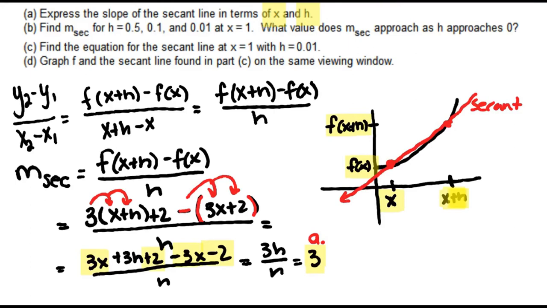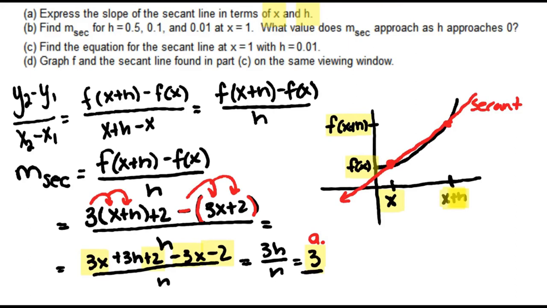In part B, we're asked to find the slope of the secant line for h equal 0.5, 0.1, 0.01 at x equals 1. The slope of my secant line doesn't have any variables in it, so I don't have anything to substitute into.